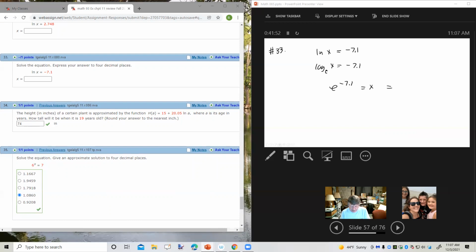I can punch that into my calculator, e to the negative 7.1 power, and I get 0.000825, so to 4 decimal places, 0.0008.